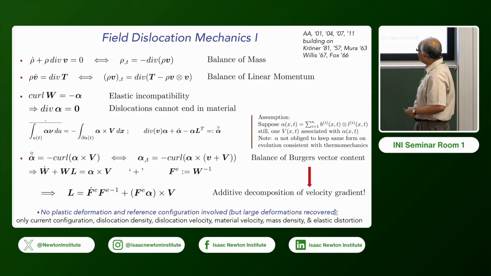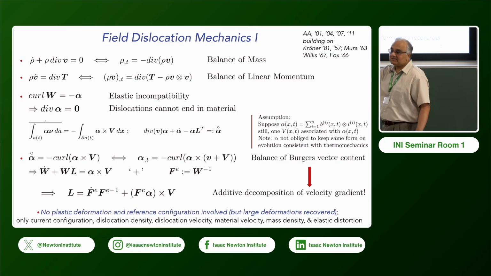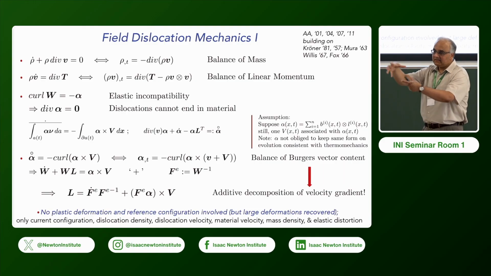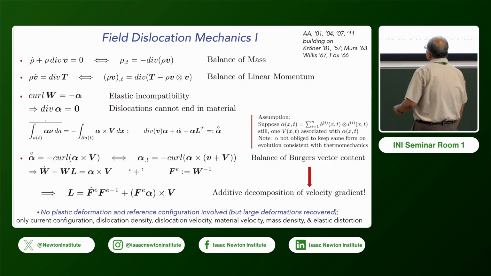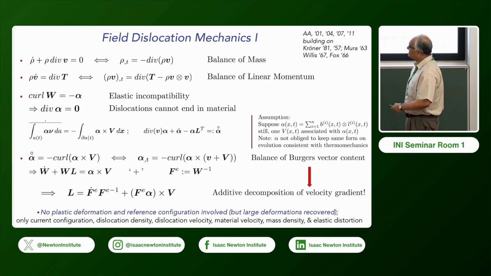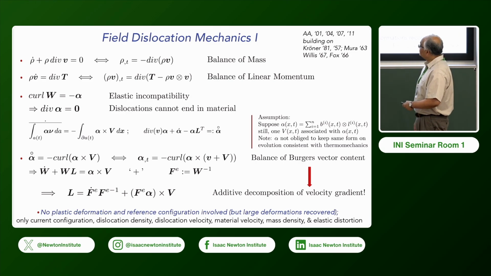And now if you define the inverse of W to be the elastic distortion, these are all defined locally now. At every given point you have an F^e. So what comes out is an additive decomposition of the velocity gradient, into an elastic part and a plastic part.